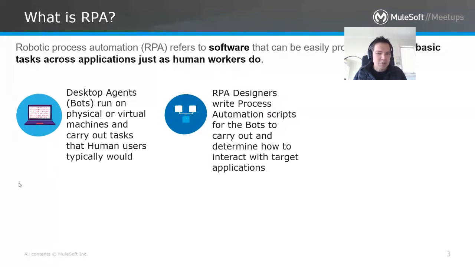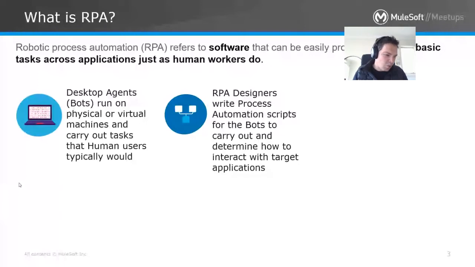RPA designers write process automation scripts for their bots to carry out, and they determine how best to interact with target applications on the desktop. So we might be looking at technologies like optical character recognition, screen scraping or UI interrogation techniques, and at things like interacting with desktop applications or email.